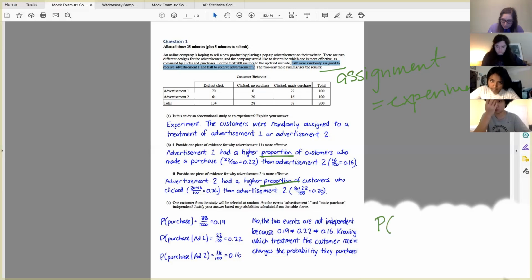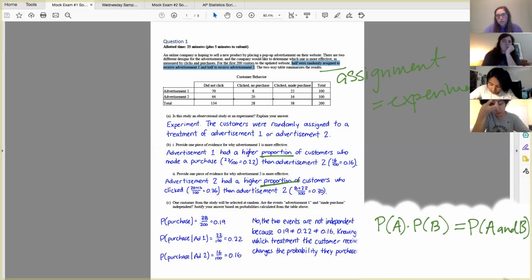So the probability of A times the probability of B equals the probability of A and B. I know on this answer key, it shows the conditional rule, but I want to show you the multiplication rule too, just to have in your back pocket, because I think personally that one's a little bit easier. The one that's on the answer key is the conditional one, but I'm also going to show you the multiplication rule, which would have worked in this case.